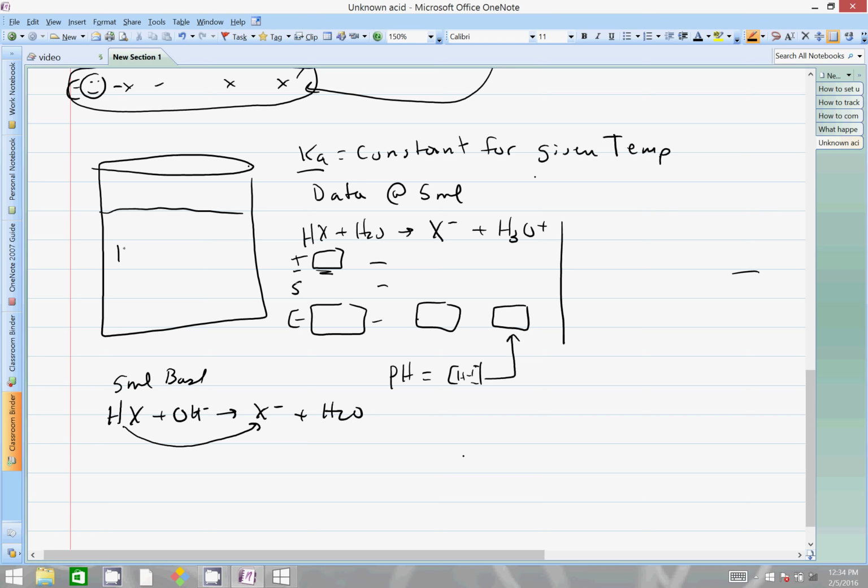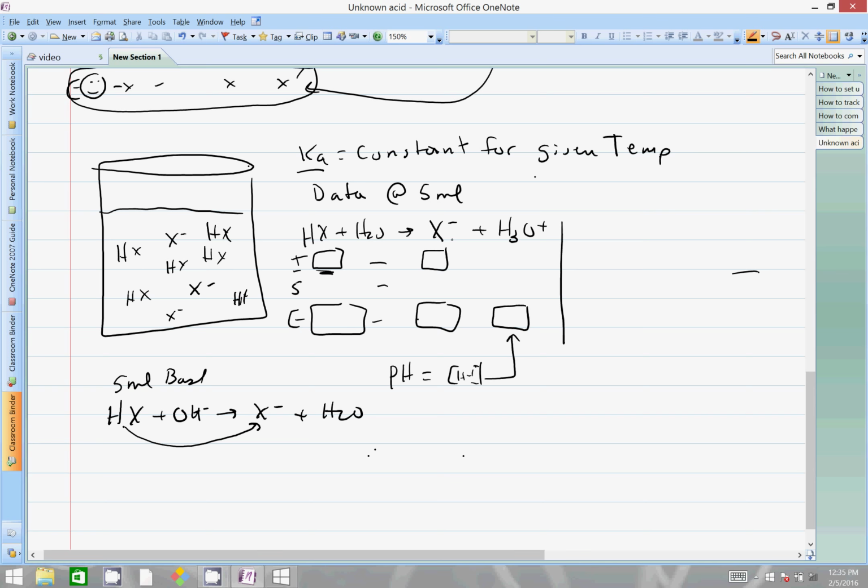So now I have some HXs here, but I also have some X negatives. I'm going to have a few more HXs because I still have not reached my equivalence point. But at this point I have some H pluses and also some X negatives. I'm still acidic because I have lots of H pluses, HXs yet. I just happen to have some of these.